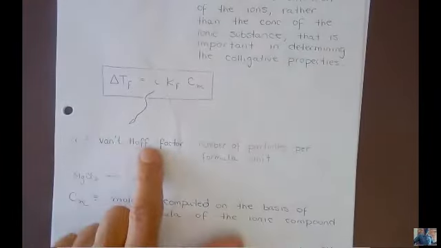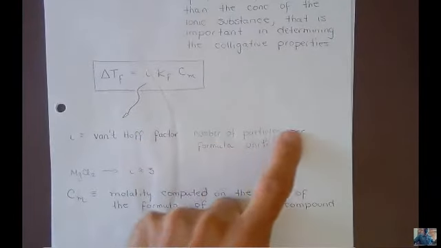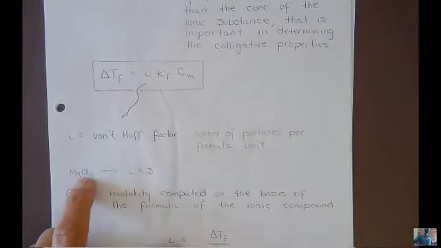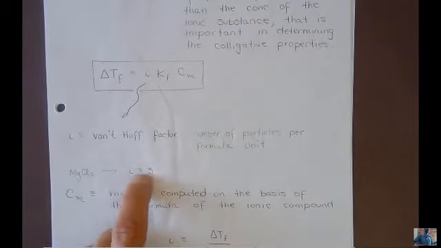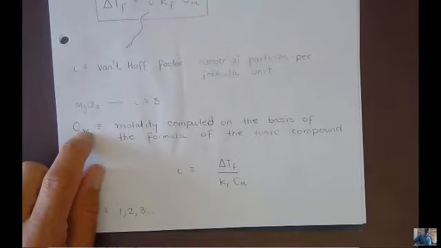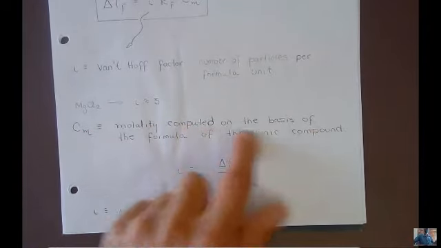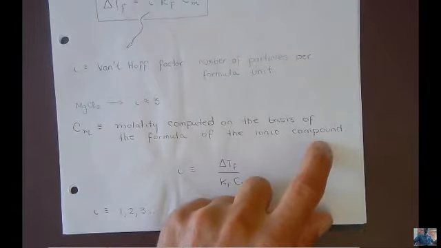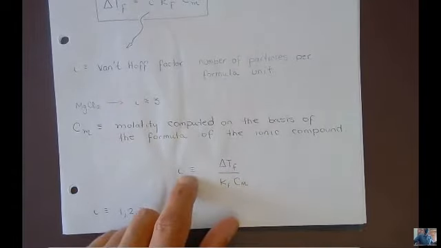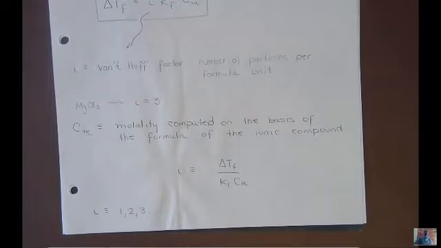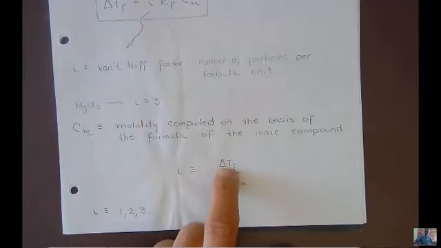So i is called the van 't Hoff factor. It's the number of particles per formula unit. We just did magnesium chloride. i is equal to 3 for magnesium chloride. Okay? All right, so Cm is the molality computed on the basis of the formula of the ionic compound. So you could calculate i if you had an unknown salt, and somehow you knew the total concentration of the salt, you knew the freezing point depression constant, and you measured the freezing point, and it turned out to be delta TF.